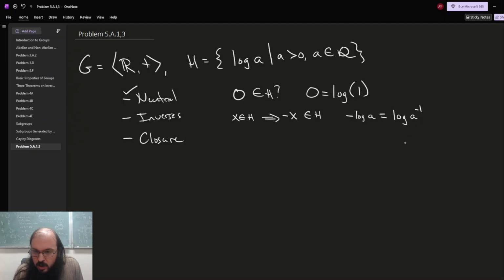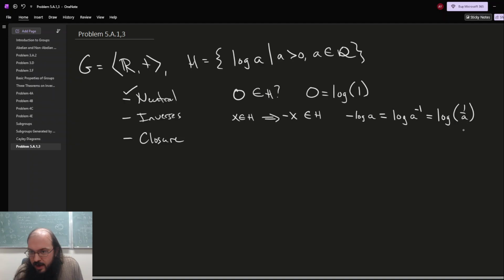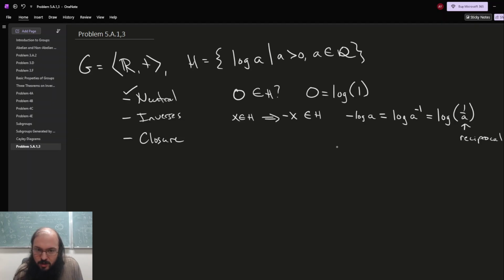By writing minus log of A as log of A inverse, and remembering that that is the same thing as log of 1 over A, we see that if A is a positive rational number, 1 over A is still positive, and it's another rational number. Which rational number is it? The reciprocal. Still rational. Inverses are good.